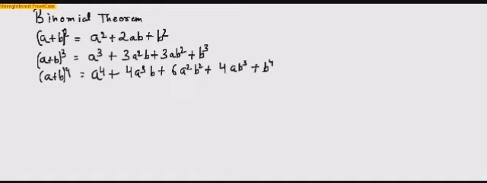For example, this first term can be rewritten as a square b to the power 0. Second term can be rewritten as 2 a to the power 1 b to the power 1, and third term can be rewritten as b square a to the power 0. Now if you see, the power of a has decreased from 2, 1, 0. Power of b has increased from 0, 1 and 2. So there is a pattern.